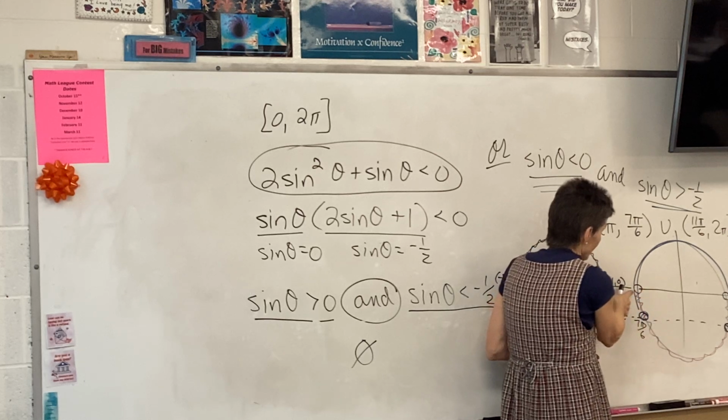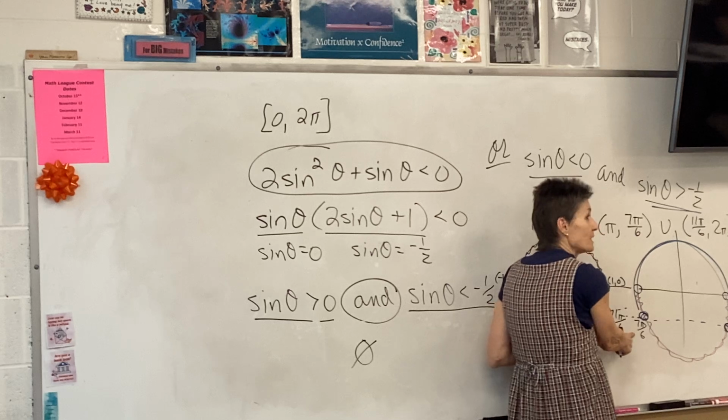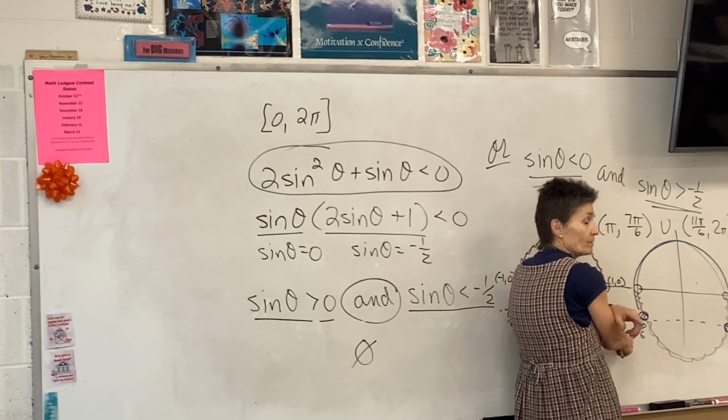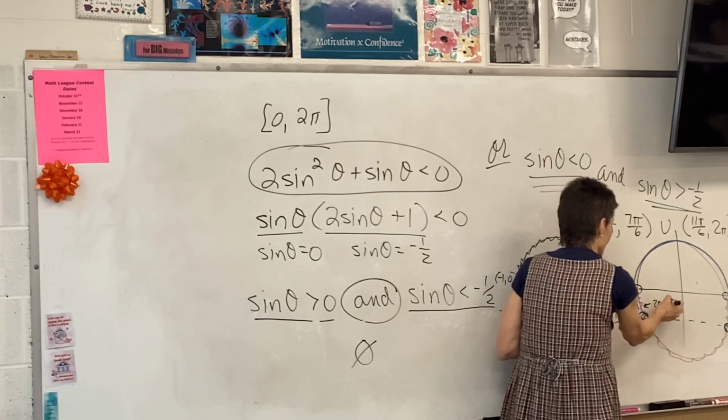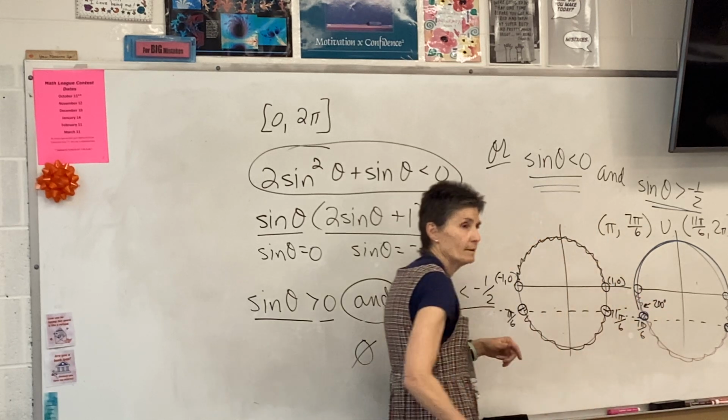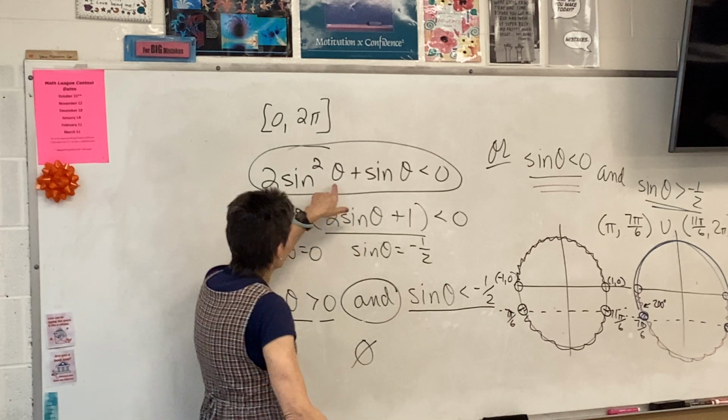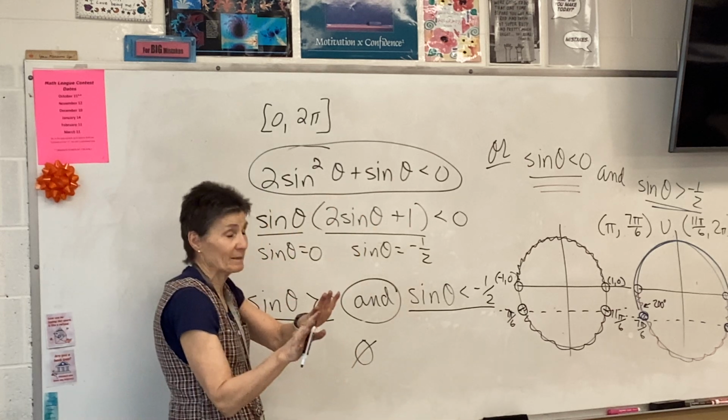So that's 180, that's 210. Put your calculator in degrees, and let's just do 200. Because 200 degrees would be in between those two. All right, so put 200 degrees in here. Now, we didn't talk about this yesterday.